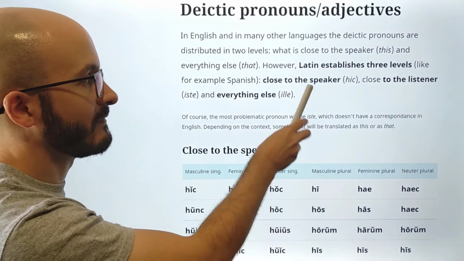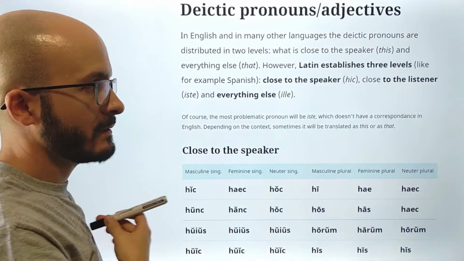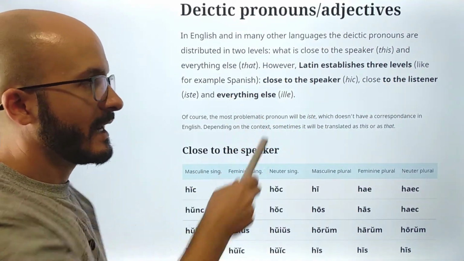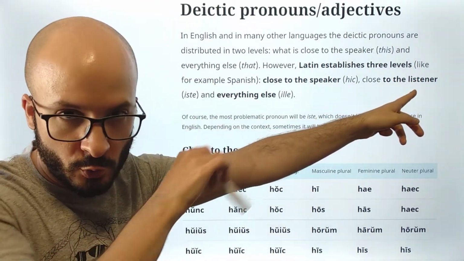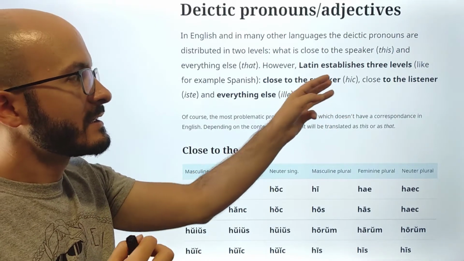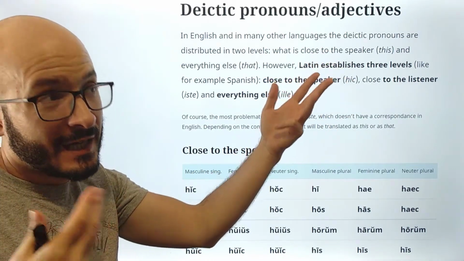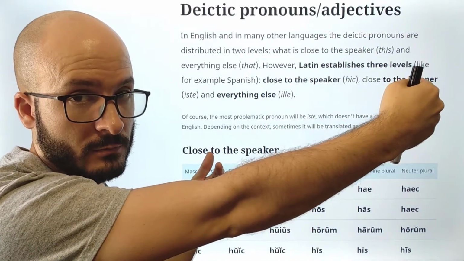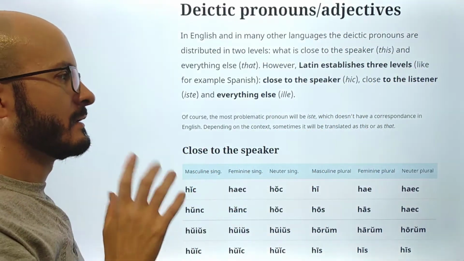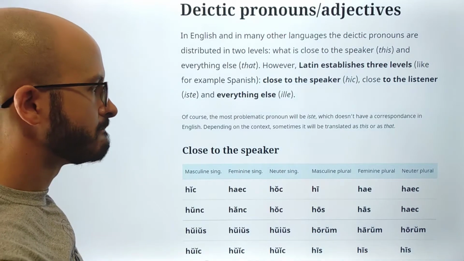But in Latin we have what is closest to me, everything else, and in the middle, what is close to the listener, to you. So you see that these three levels are kind of like first person, second person, and third person. This might be easier to understand like that.